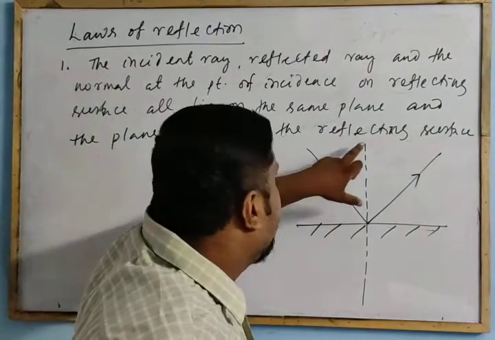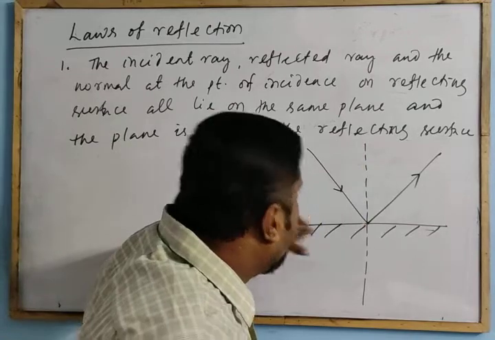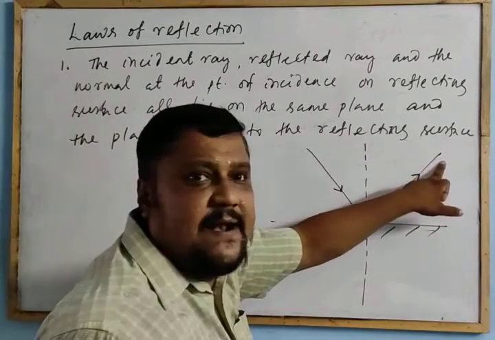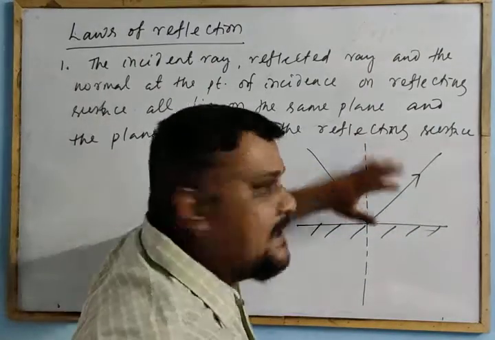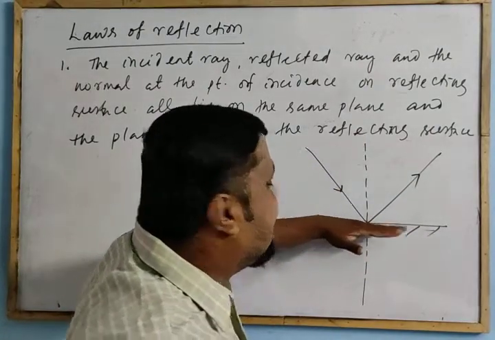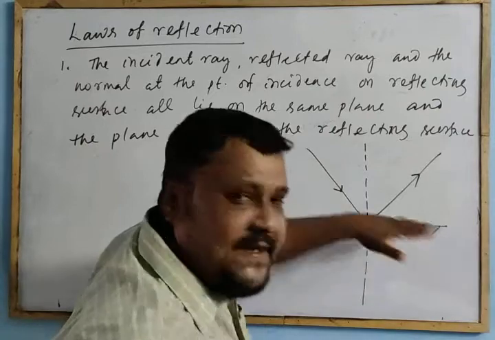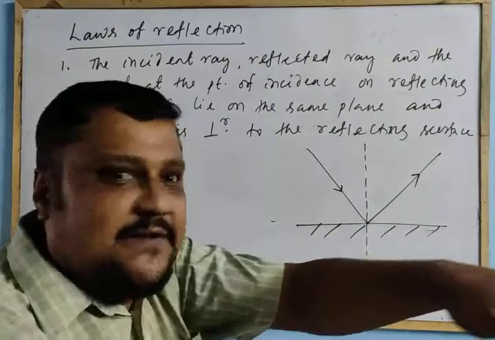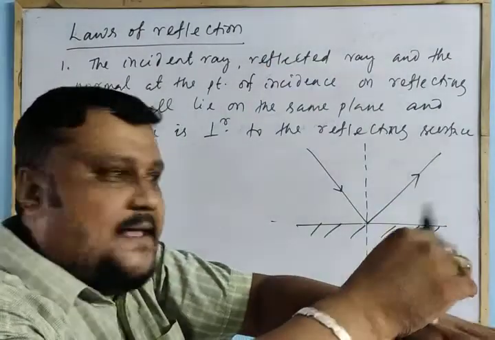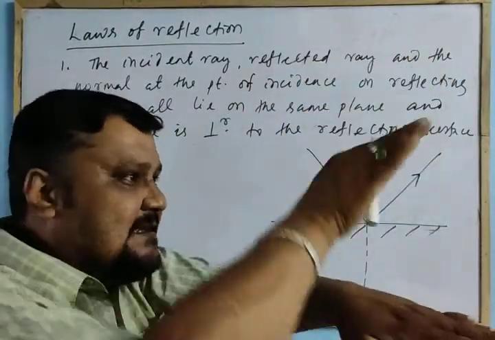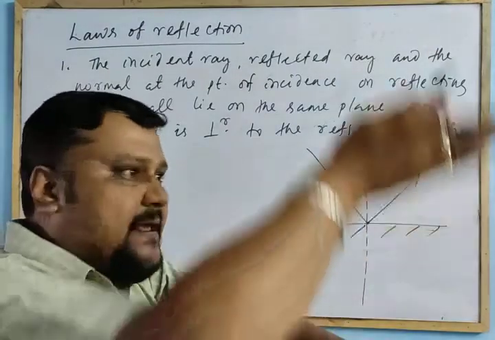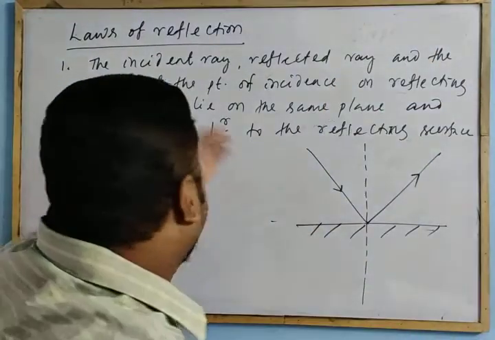Incident ray, normal, and reflected ray all lie in the same plane, and this plane is perpendicular to the reflecting surface.